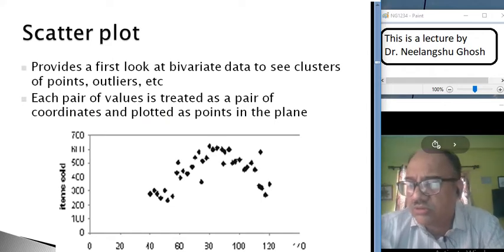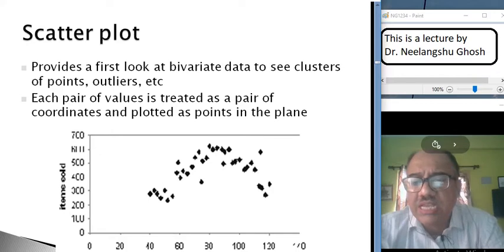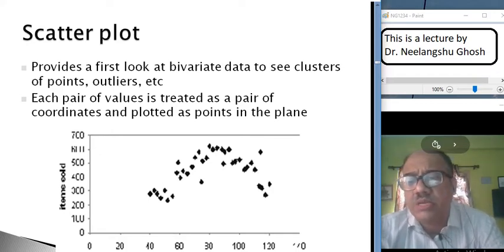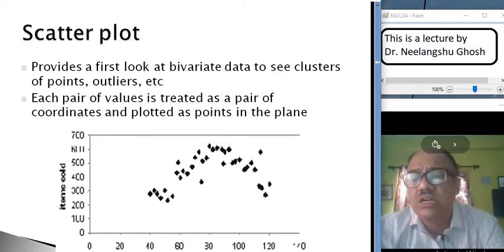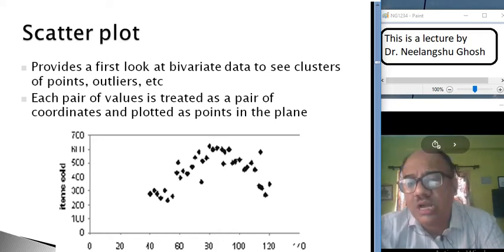Then we have also seen the scatter plot, which just plots the values: on the x-axis the unit price, and on the y-axis the number of units that are sold. So this particular dot or point represents the x value as the unit price and the y value as the number of units sold.